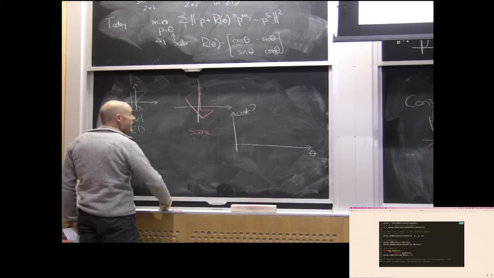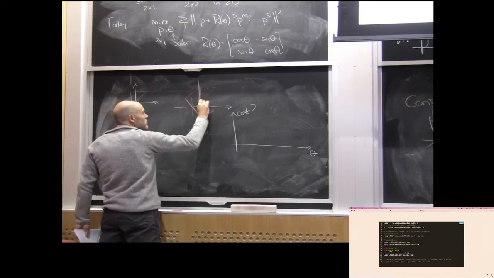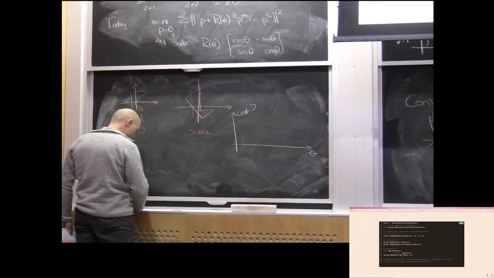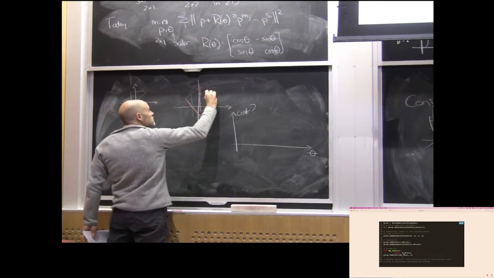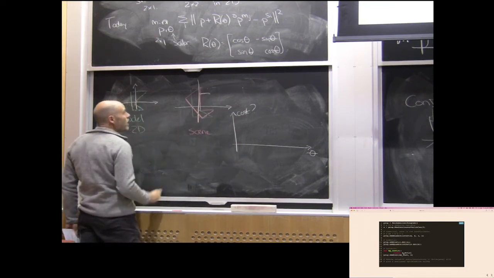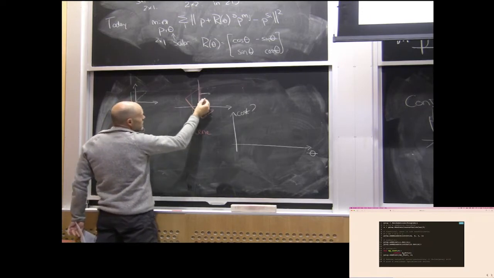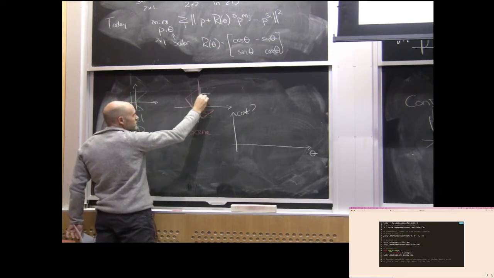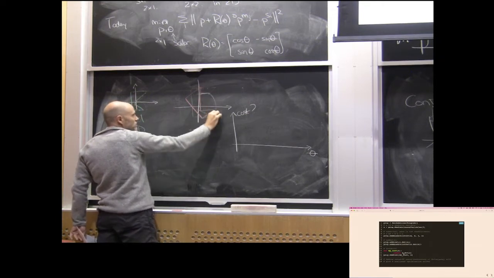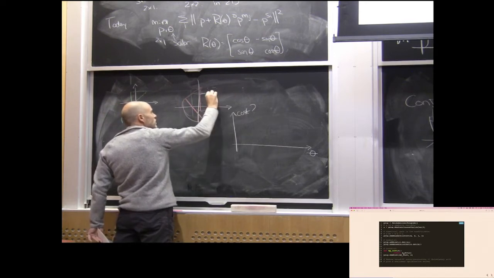So if I have my model point and my scene point, then my cost is the distance here. My rotation, if I had drawn it perfectly, they would lie on a circle, because if they're only allowed to rotate, then those things are just going to move along a circle.